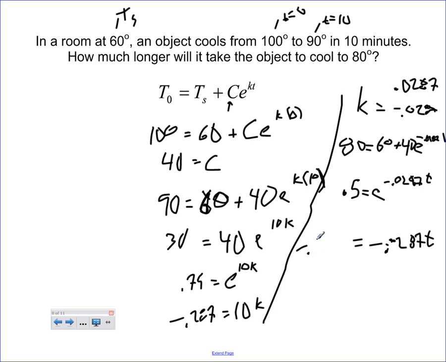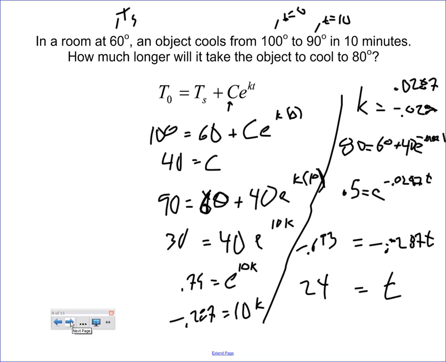If I divide both sides by negative 0.0287, I get 24. So I get t equals 24. Okay? Write that down, and then I'm going to ask you a question.